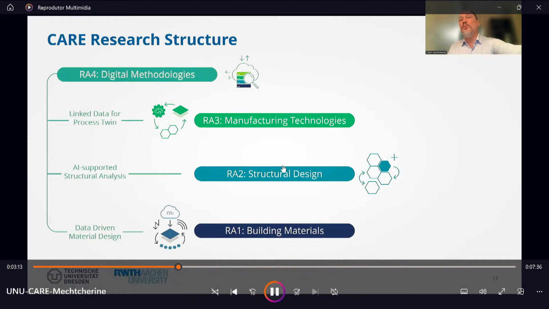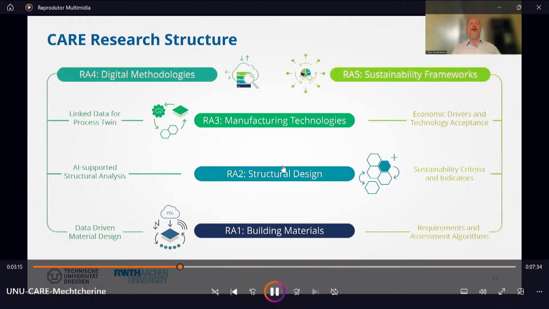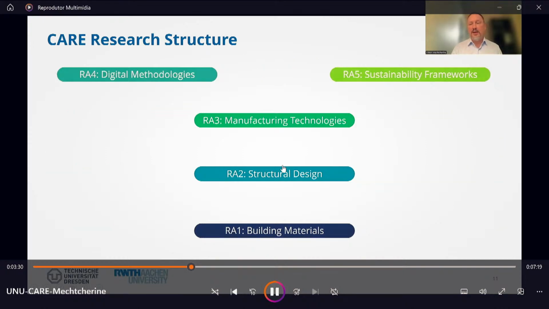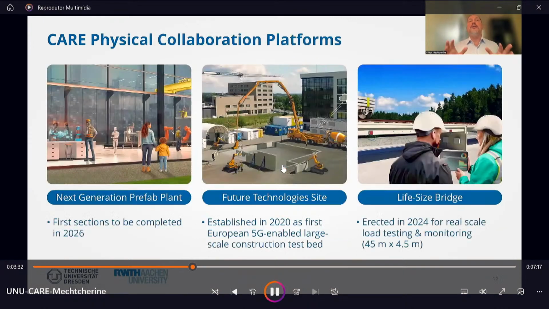Sustainability frameworks will predict and assess the sustainability and resilience of these innovations, providing clear guidance for our research efforts. This systemic approach positions CARE as both highly promising and uniquely transformative. For us, it's extremely important to conduct fundamental research that addresses large-scale challenges and to facilitate technology transfer.